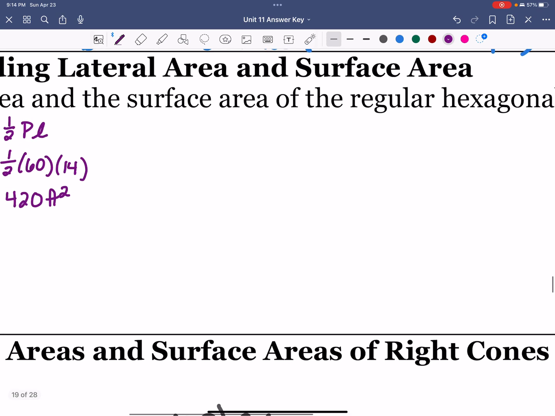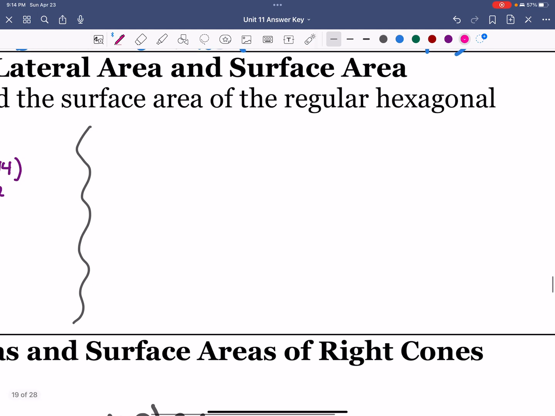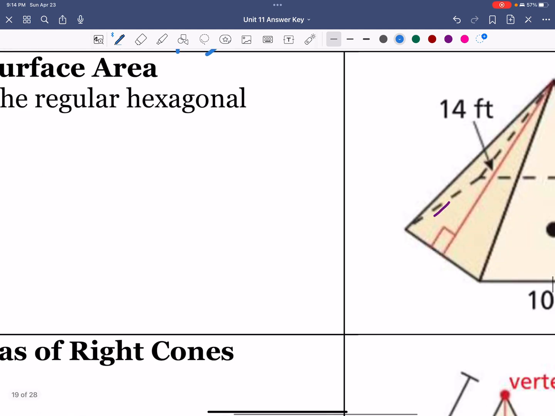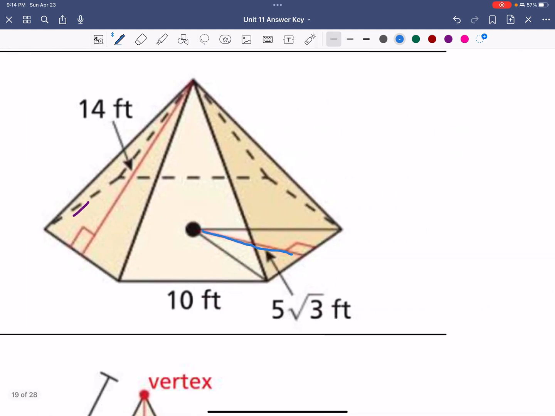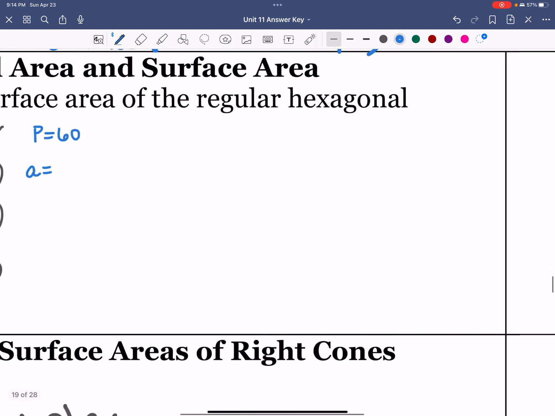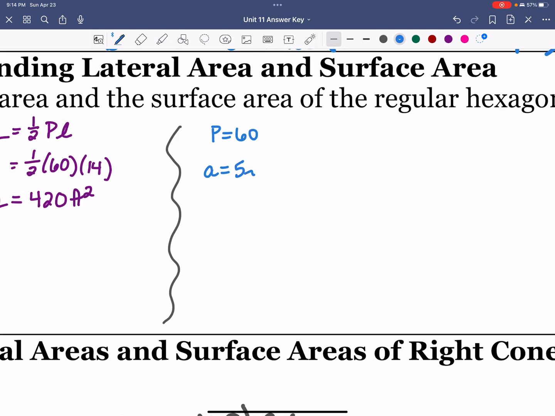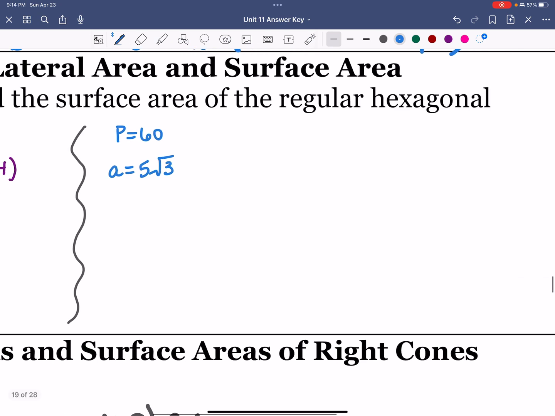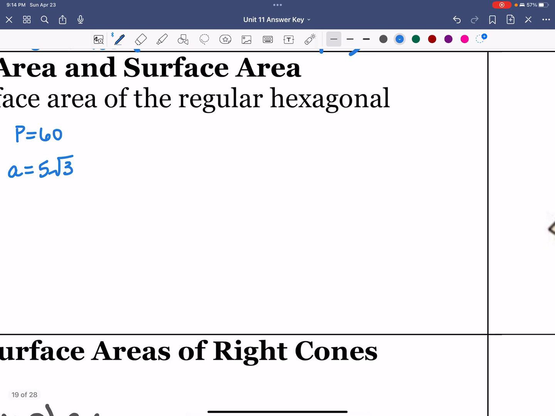Now, moving over to my surface area, I'm going to do a little squiggle here just to keep my stuff separate. I can use that perimeter again that we found, that was 60. And then I need my apothem, which I'm actually given here. If you look at your apothem, it's right here, and that's 5 square roots of 3. So coming back over, I have 5 square roots of 3. And then I can go ahead and use my formula.